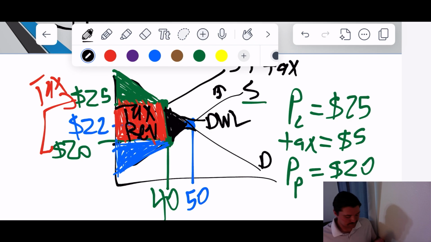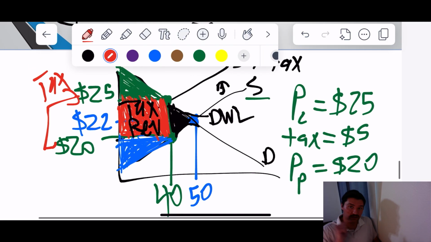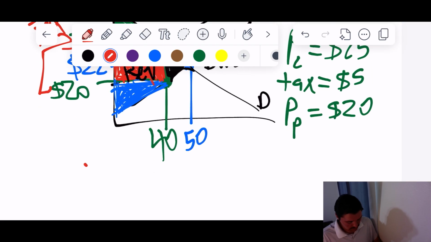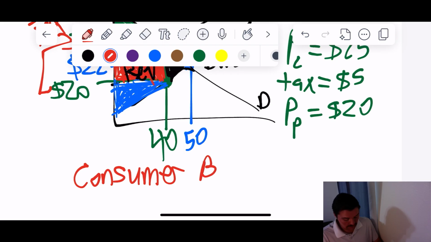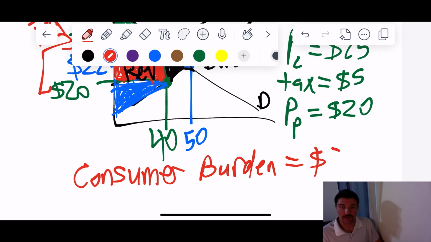More specifically, you as a consumer used to pay $22. You are now paying $25. So you have a consumer burden of how much? Not $5. How much are you burdened by this? You used to pay $22, you now pay $25. Your consumer burden is $3. The producer burden, right?